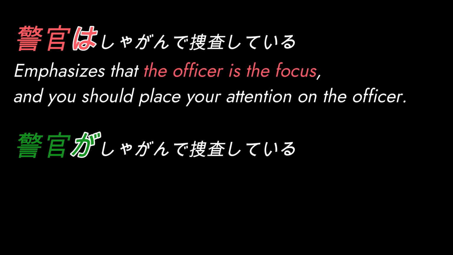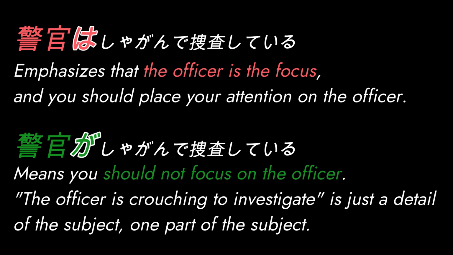警官は emphasizes that the officer is the focus, the center, the core, and you should place your attention on him. On the other hand, 警官が tells you that you should not focus on the officer, although we might not know who the subject is.